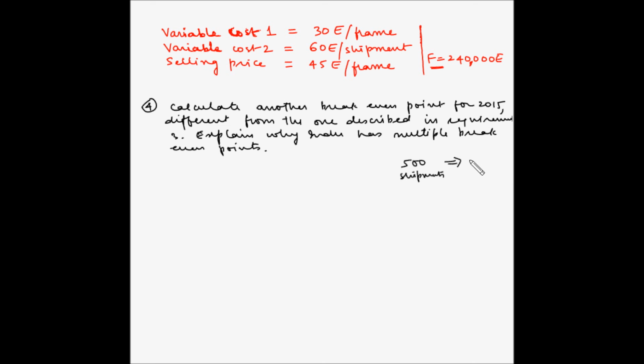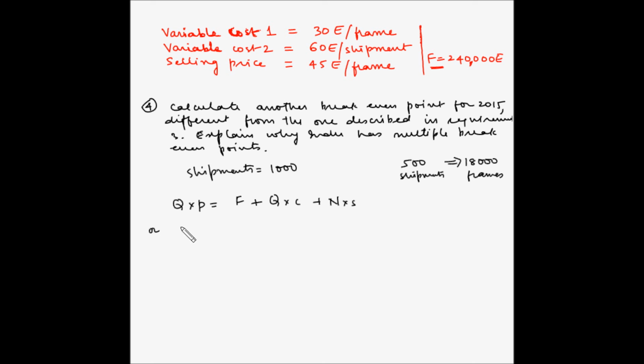and therefore the break-even point was 18,000 frames. Now in this case, let's take 1,000 shipments. So shipments equal to 1,000, and now let's find out the break-even point for Indu. So as we had seen in the previous step, the formula for break-even point will be Q multiplied by P is equal to F plus Q multiplied by C plus N into S. Let's substitute the values.